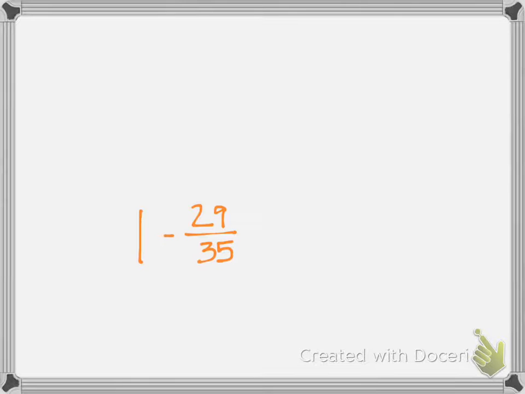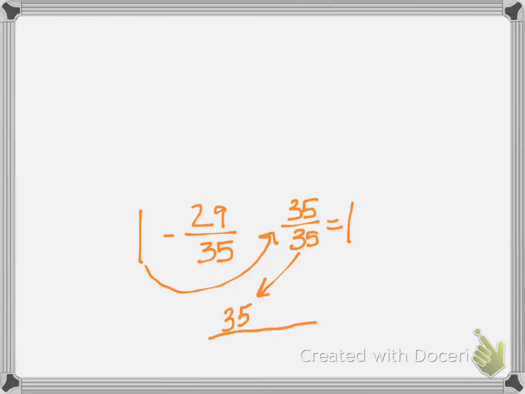So if I have 1 whole take away 29 35ths, I then need to take 1 whole and convert that to a common denominator. So 35 35ths is going to be equal to 1 whole. So then I can take 35 35ths, take away 29.